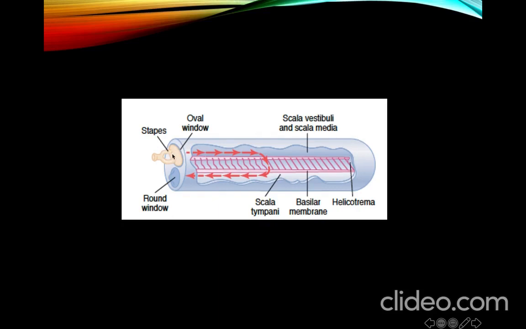So whenever the oval window bulges inwards, it causes the sound wave to travel and the membranes inside the scala media to vibrate according to the sound wave. Then the sound wave moves back towards another opening known as the round window, and the round window bulges out again towards the middle ear.